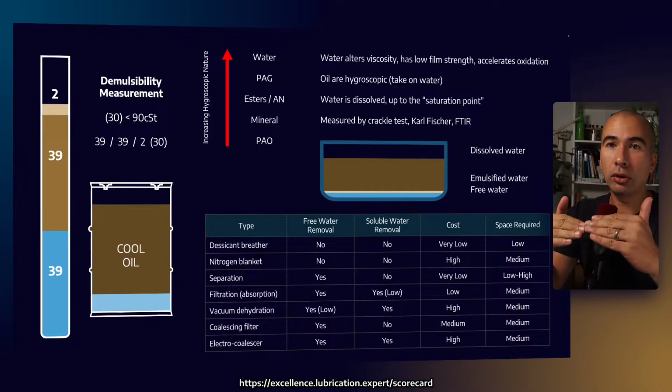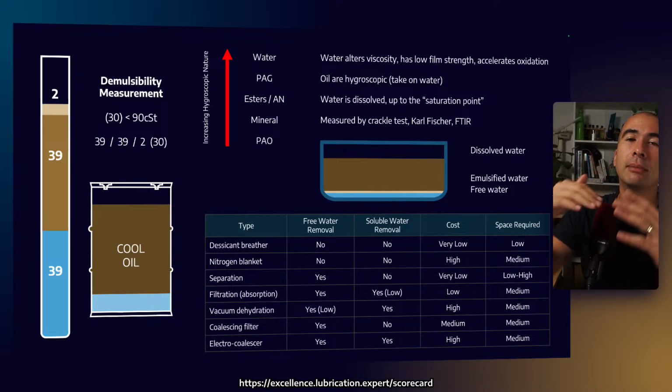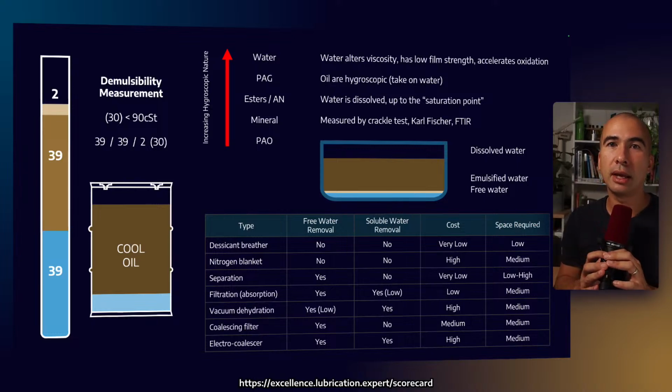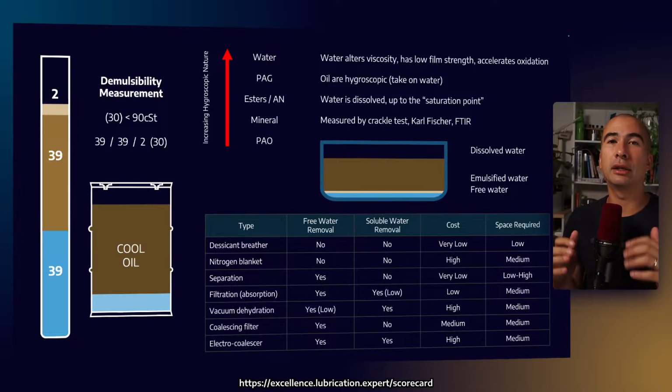Now, some oils like to readily separate, some do not. And we have a whole bunch of different methods, which I've put here, which allow us to remove different kinds of water. So the most difficult type of water to remove tends to be the emulsified as well as the dissolved water, right?